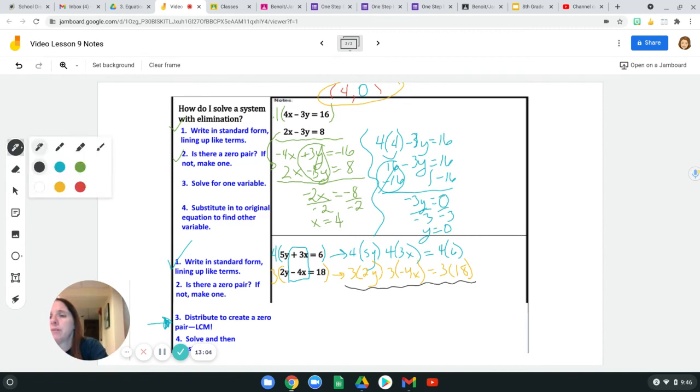So our blue one becomes 20y plus 12x equals 24. And our gold one becomes 6y minus 12x, there's our 0 pair, equals 51, 18 times 3.